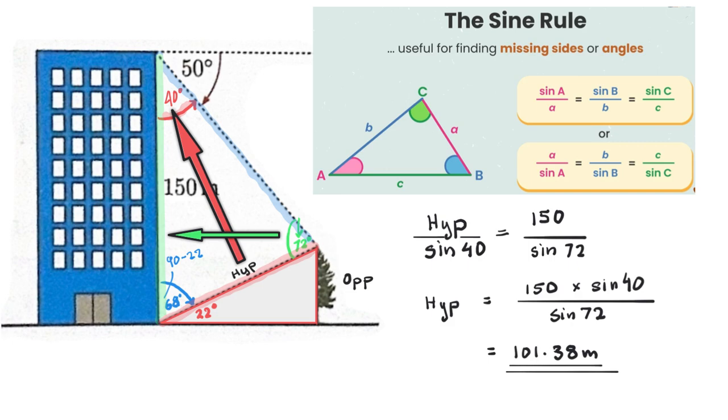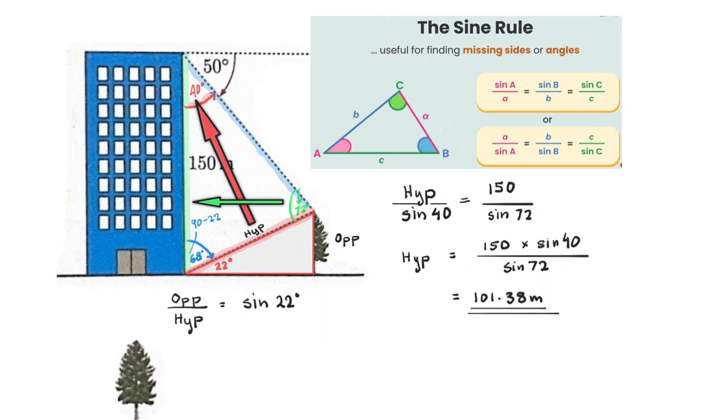so therefore opposite over the hypotenuse will give us sine 22.